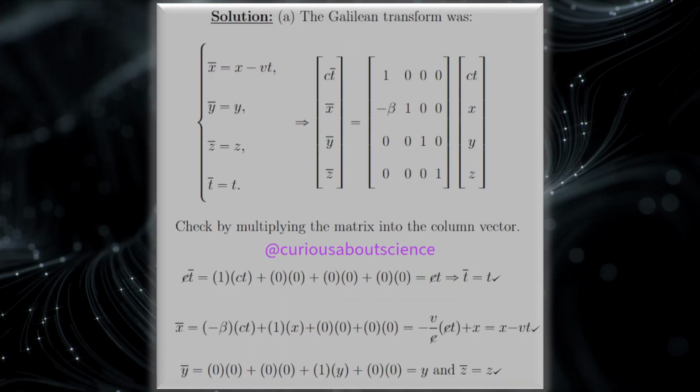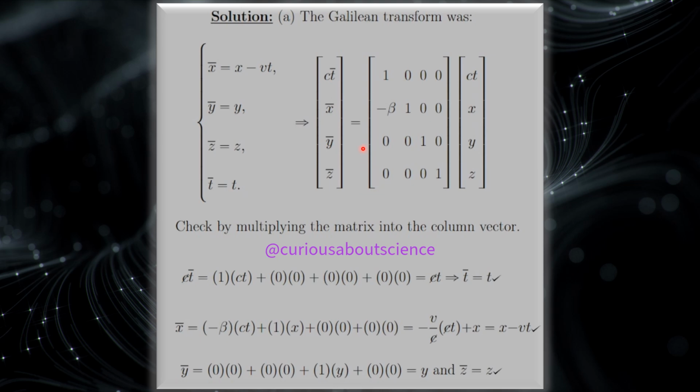All right, so in part A, what we notice is that we have the transformation rules guided by the Galilean transformation, where we just have the kinematic expressions here. So x bar is x minus vt, no gamma factor. We have y bar equals y, z bar equals z, t bar equals t. Easy enough. We like that.